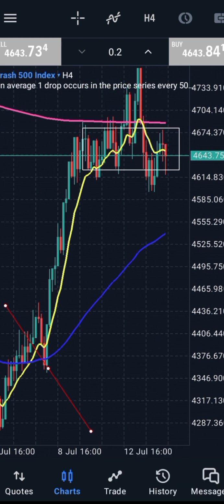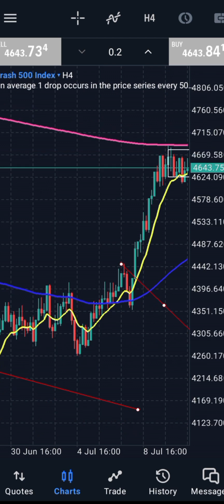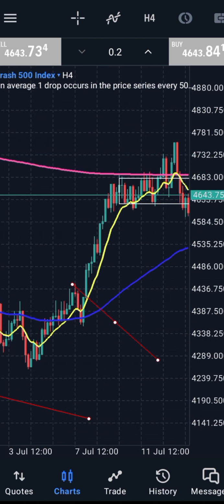Either the market will return back. That is what I'm looking at. Crash 500 at this period, either the market will return back, because whenever the market gets to the EMA 700, the market tends to return back. So whenever I'm scalping, when I've scalped the market and the market has gotten to this pink indicator, I'll just stop my trading and leave the asset for now and see what is the next move the market will make.